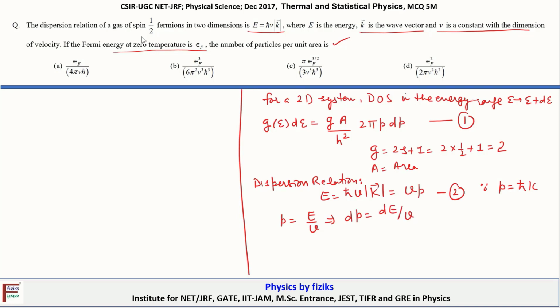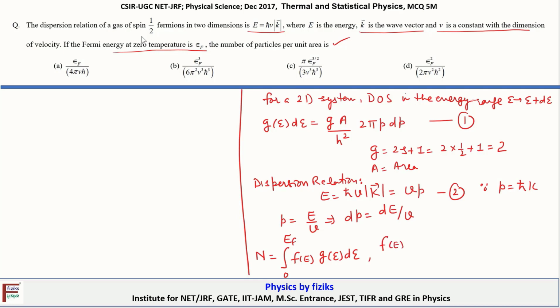Now the total number of particles in the system, if we denote it by N, is equal to the integration from 0 to EF of the probability distribution function for the fermion, f(E), multiplied by the density of states G(E) dE.